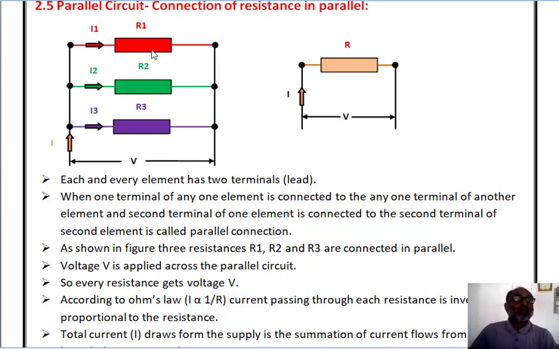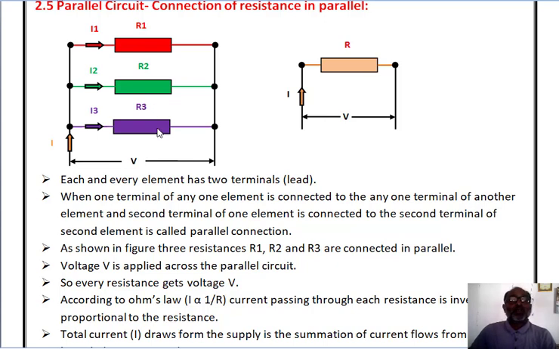So each and every resistance, that means R1, R2 and R3, gets the same voltage V.